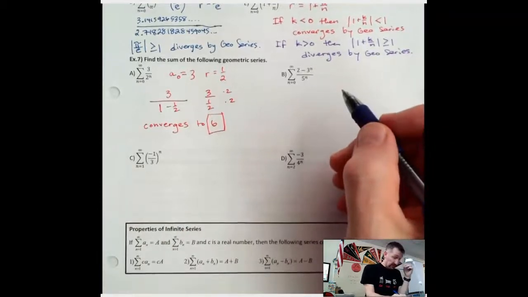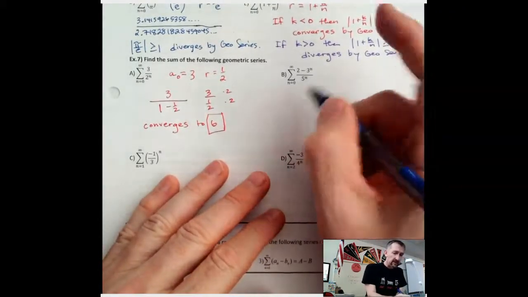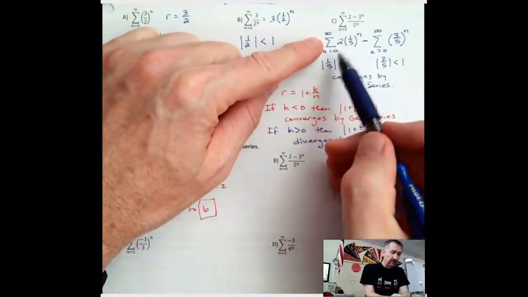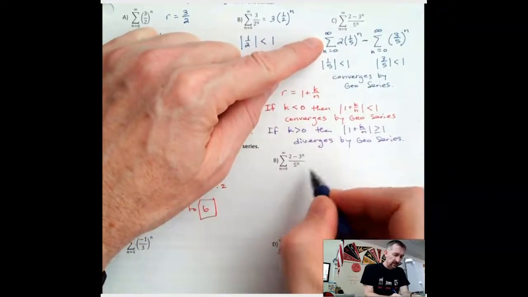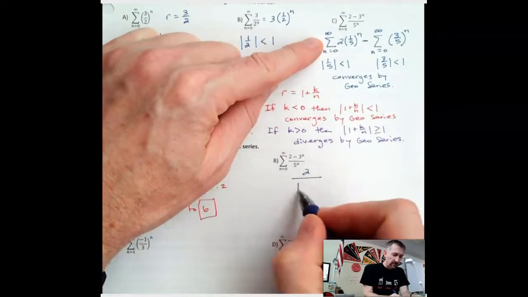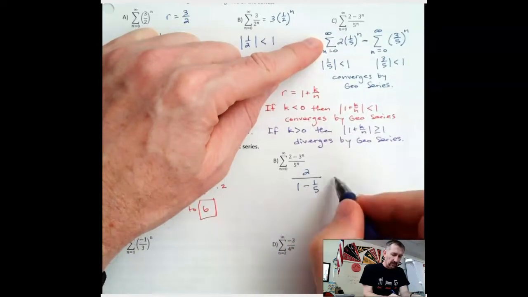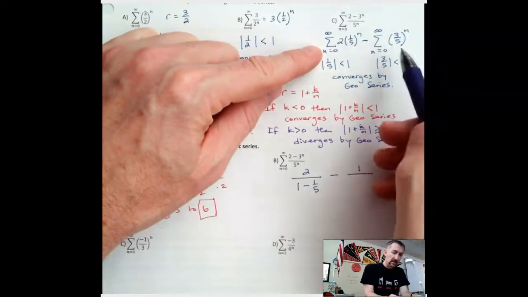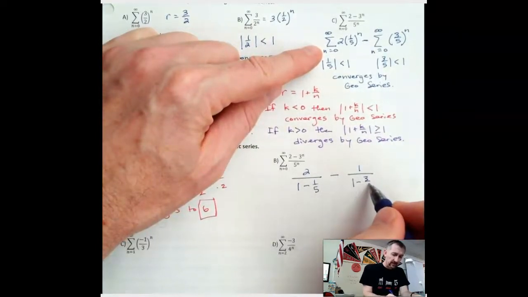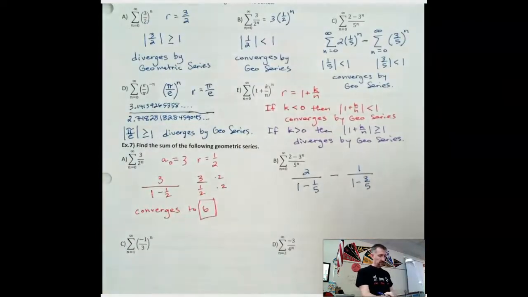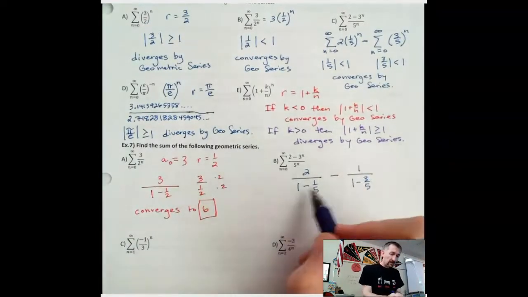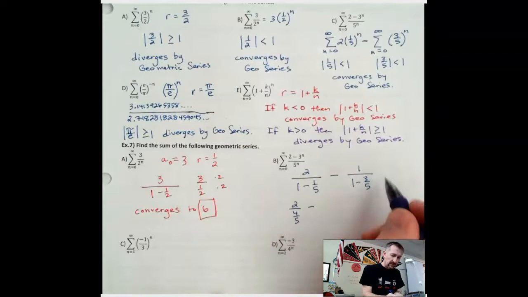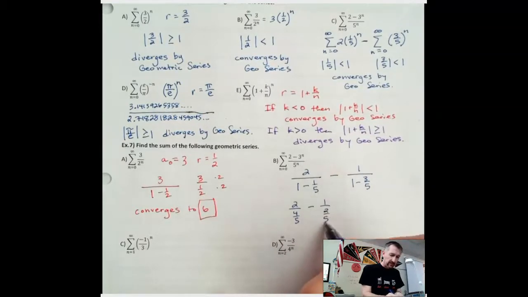Okay, so this one, if you recall, we divided into 2. If we plug in 0, the first term is 2. So that's going to be 2 over 1 minus r. And then we're going to have minus, and if we plug 0 in there, our first term is 1. And r is 3/5. So that's going to be 2 over 4/5 minus 1 over 2/5.